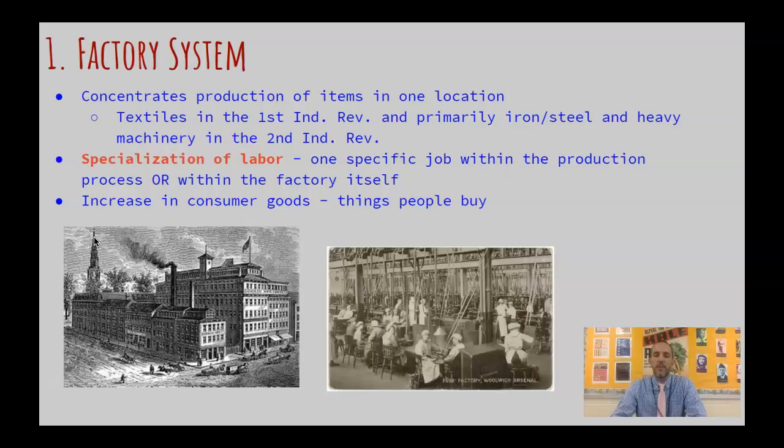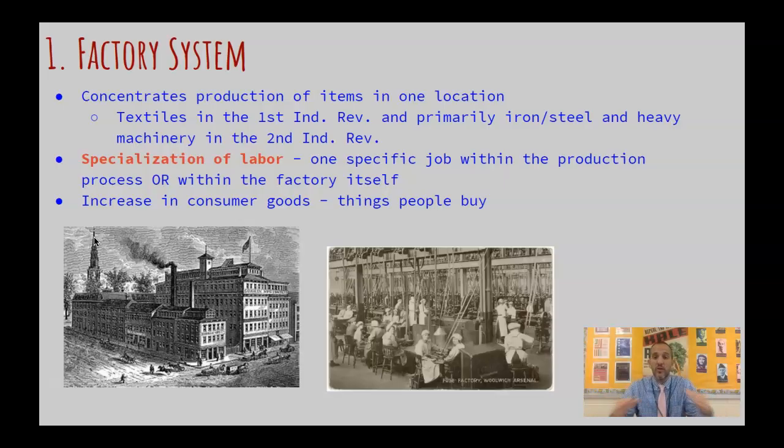When you get done with your part, you might pass it on to someone else. You might have people whose job is solely to put oil on the machine parts to make sure they are operating and moving properly. You might be in charge of cleaning up or working on the waste within the factory system. I just want to point out that this specialization is really just a fancy way of saying you have one specific job within the factory system.